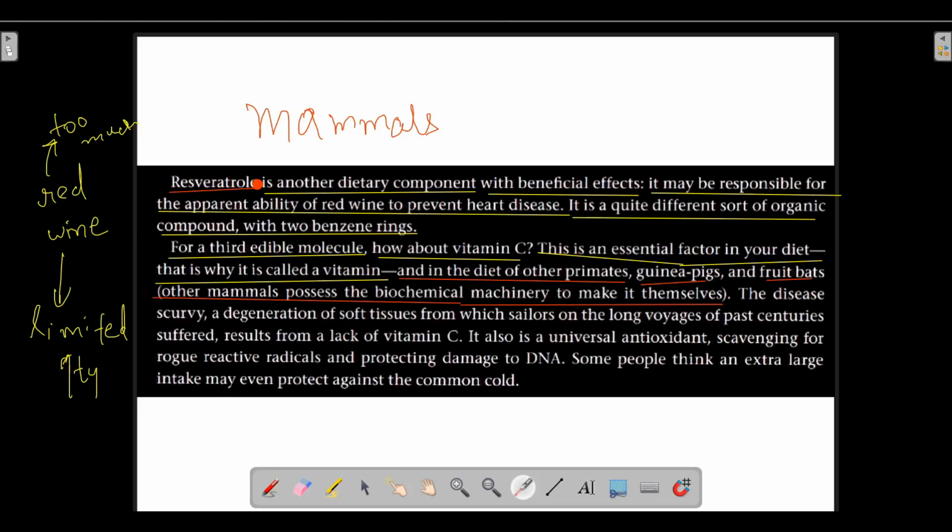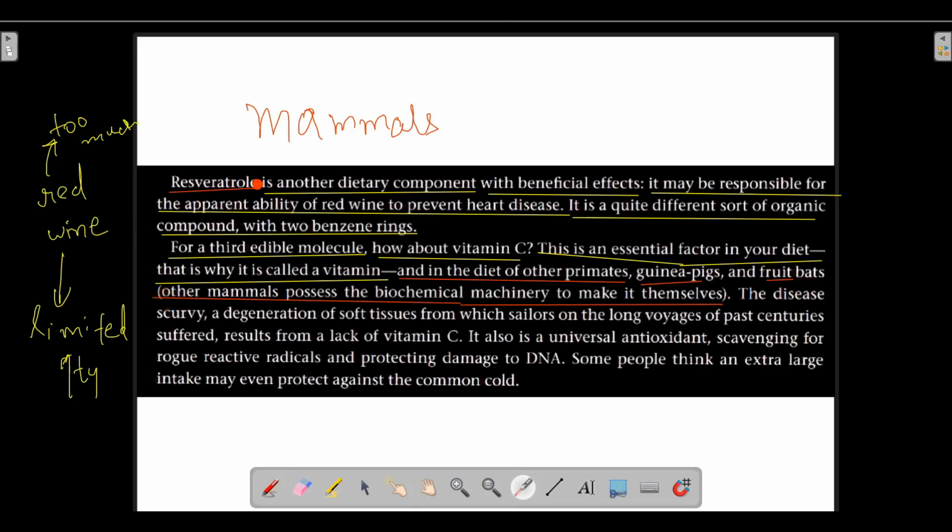Along with humans, primates, guinea pigs, and fruit bats are the additional mammals who need to eat vitamin C from the food. They do not have the ability to make it themselves.